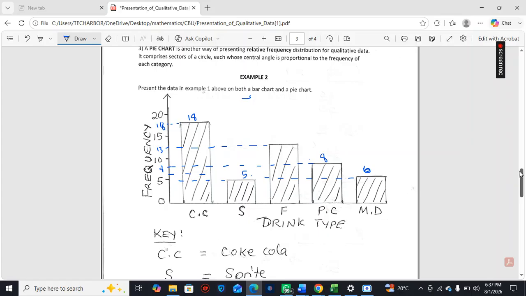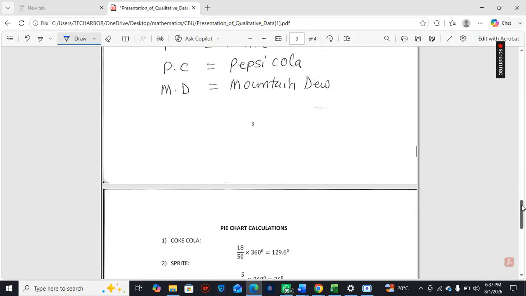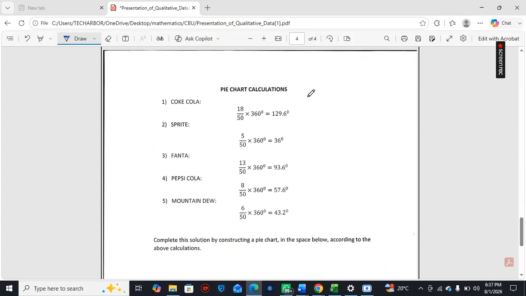Okay, pie chart. Remember the relative frequencies. These are the relative frequencies here. Each relative frequency you multiply by 360 degrees, because a pie chart is basically a circle, and the circle is 360 degrees.